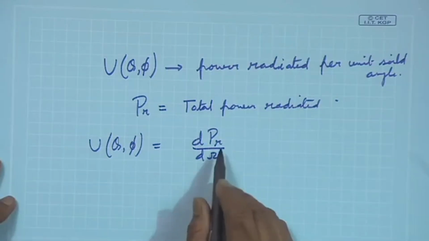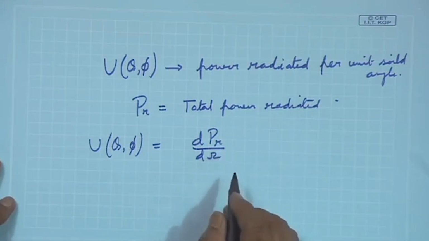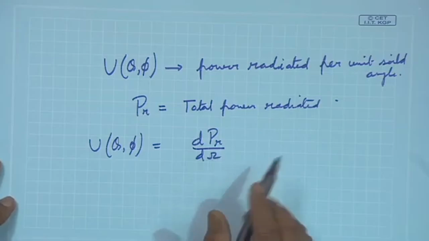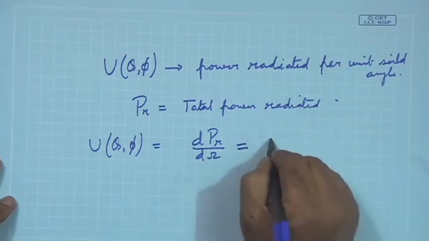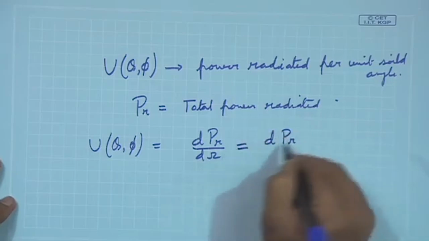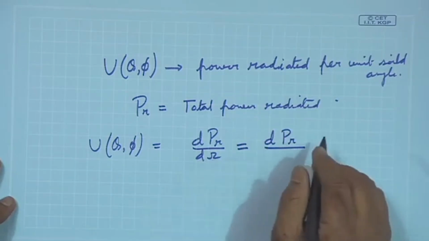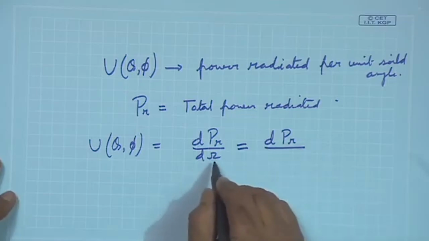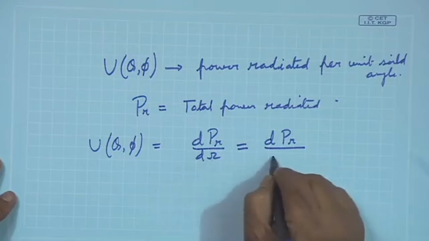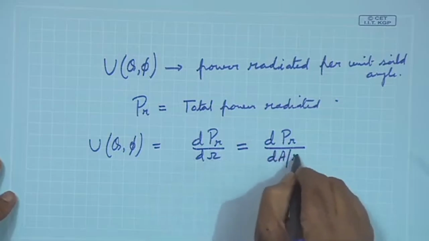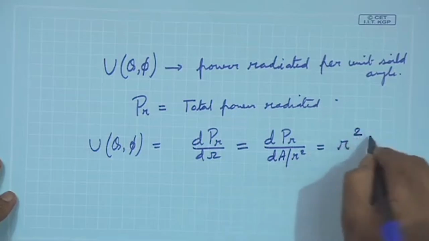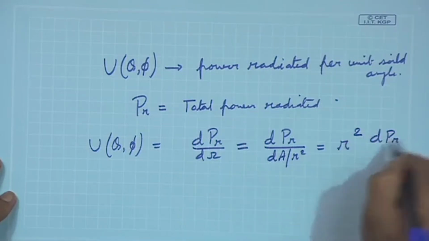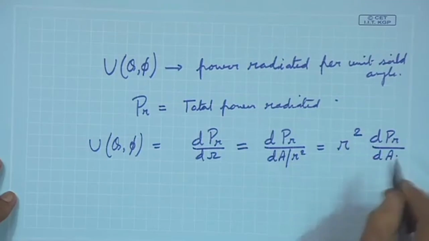Now, we do not know its expression, but we already know that this we can write as dPr, and we have already found this value of d omega in terms of area, that is dA by r square. So, this is nothing but r square dPr dA.